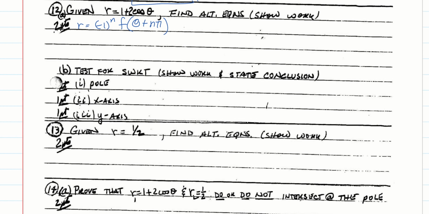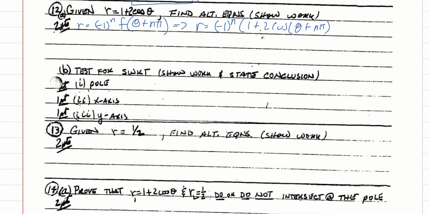So for the first one, for all of these, this r will equal -1 to the n times 1 plus 2 cosine theta plus n pi. All right.